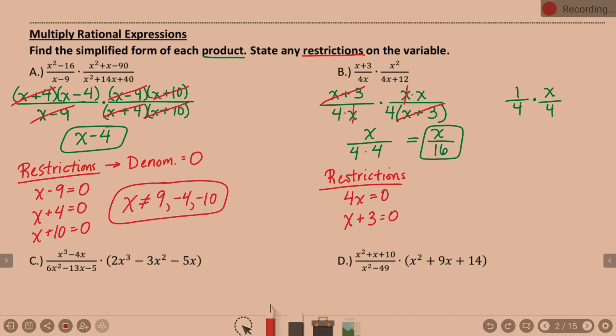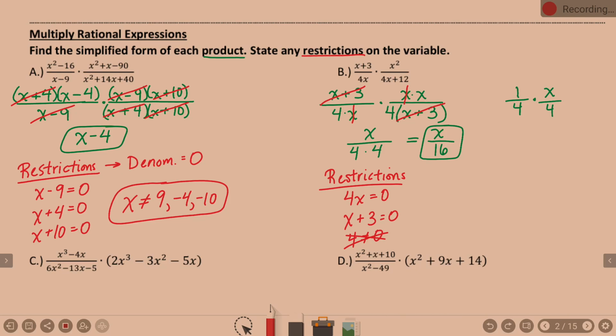On the 4x, you could drop off the 4, or you can make it 4x. On the x plus 3, again, we could put the 4 there, but here's the deal. If I talk about 4, does 4 equal 0? No, there's no variable there, is it? So that's why I don't usually talk about the numbers. That one just ends up not meaning anything. I just talk about the pieces that have the x's in them.